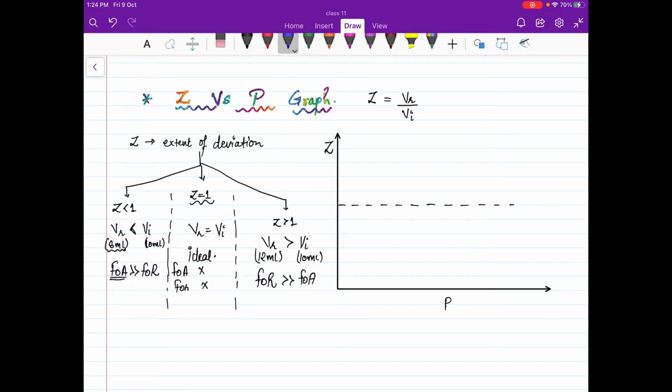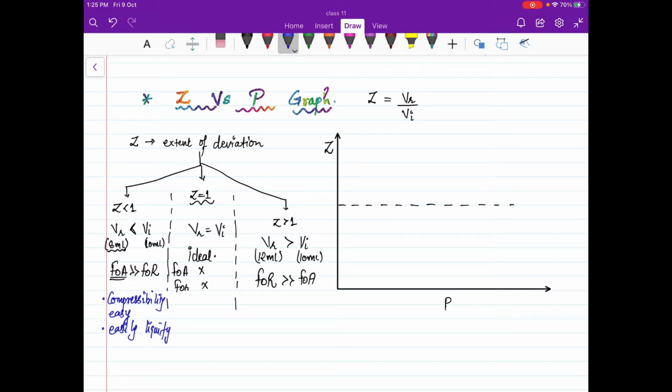So I might say that if the force of attraction is higher in any gaseous particles, then the compressibility of that gas is going to be easy. Correct? Very important point: that means I can easily liquefy that gas because the force of attraction between the particles is very, very high.